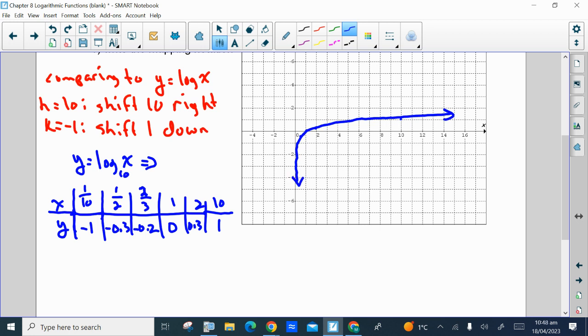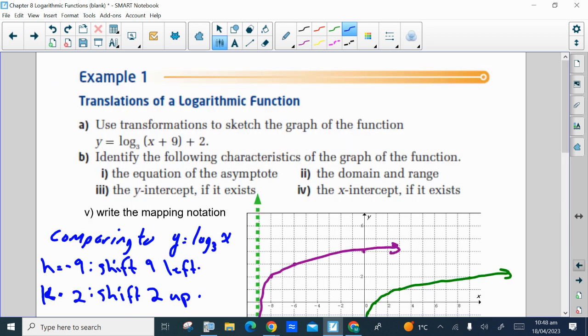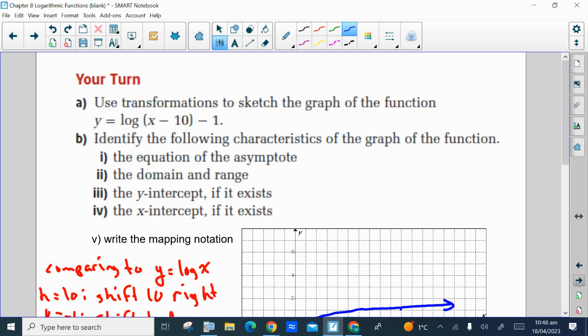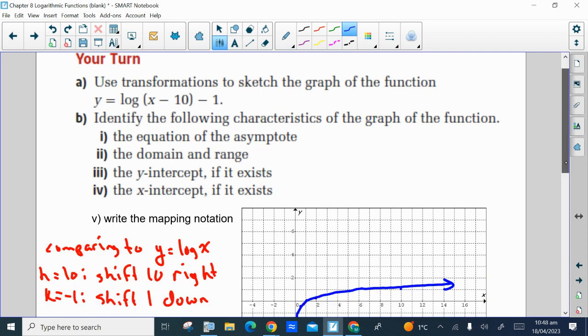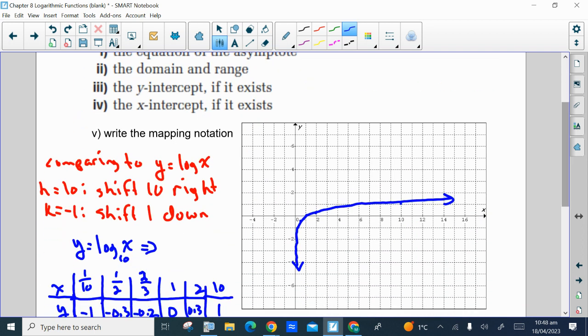And we also see that raising the base just makes the graph a little flatter. Right? The previous example, we had a base of 3. This one has a base of 10. The graph is a little flatter.